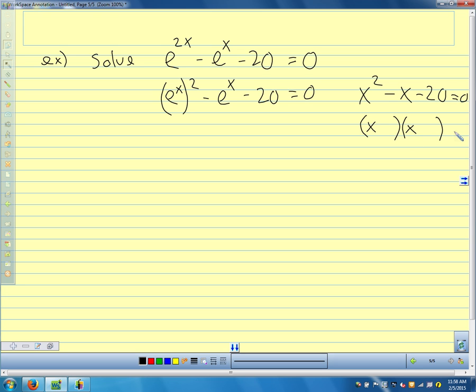Minus 4 plus 5. So this is going to be e to the x minus 4. Yes, it would be plus 4 minus 5, to get our signs to work out right. E to the x plus 4, e to the x minus 5 equals 0.